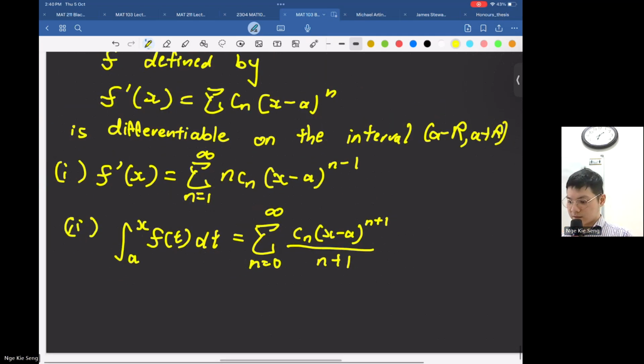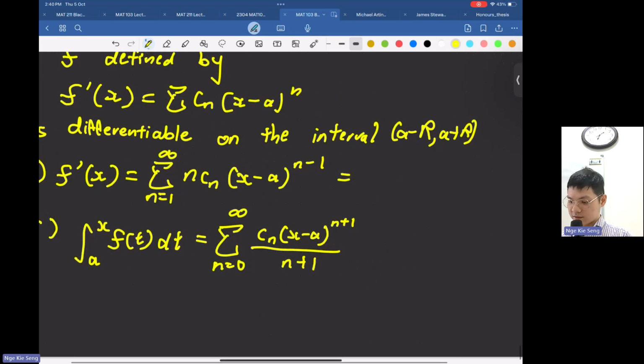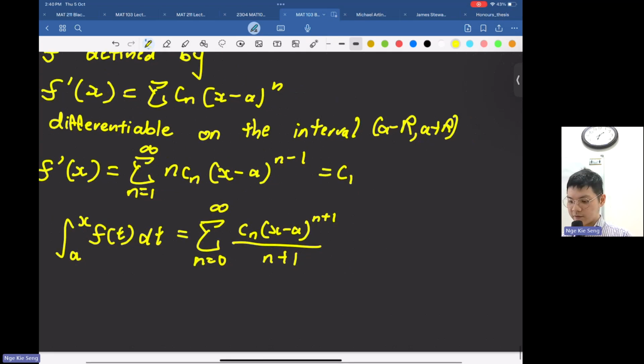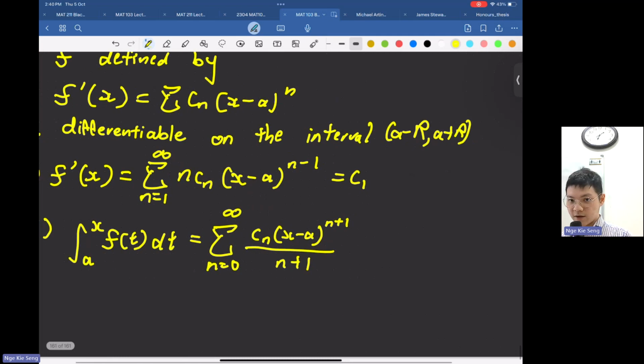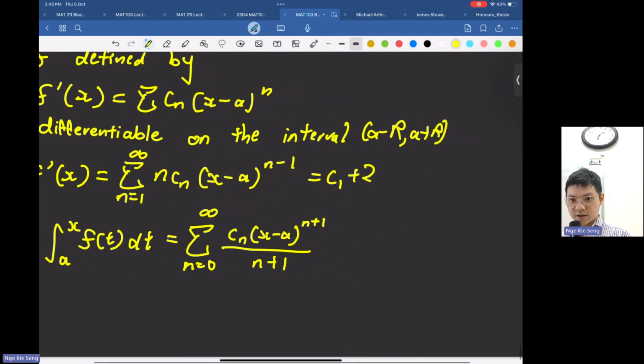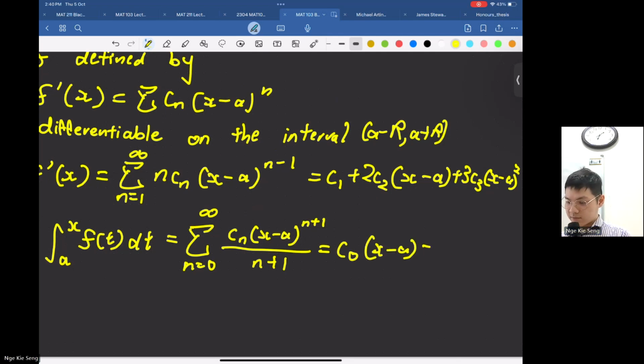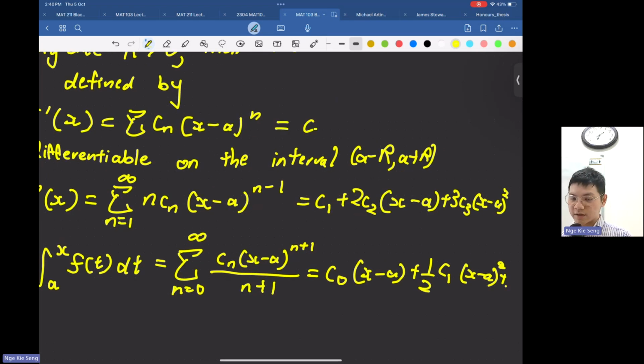For example, for the derivative, you get c1 plus 2c2 times x minus a plus 3c3 times x minus a squared. And on integration, you get c0 times x minus a plus half times c1 times x minus a squared, and so on.